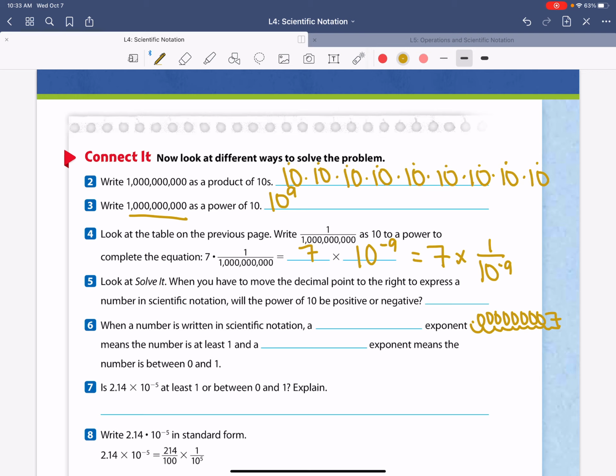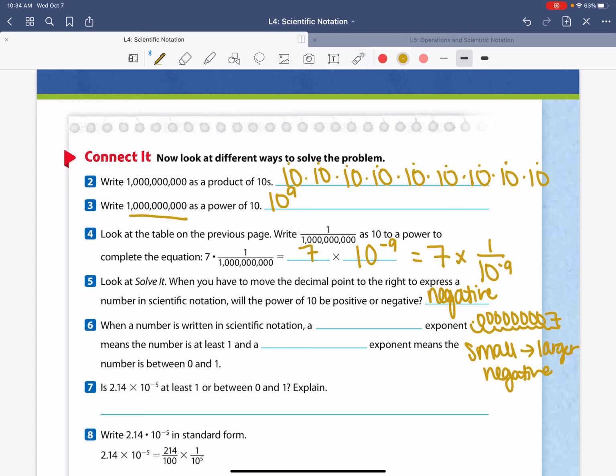Since we went from this really small number to a larger number, our exponent actually needed to be negative because we made the small number large. So it needs to be negative when you do that.